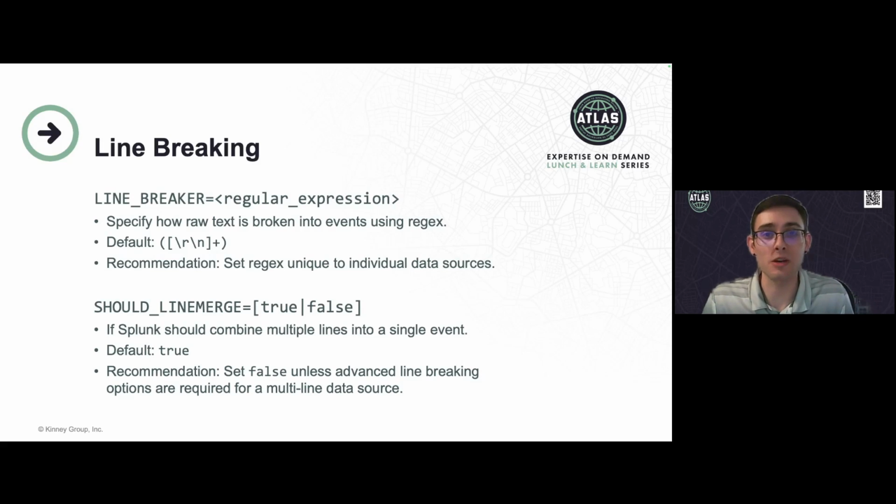As we go through these, I'm going to hit on some recommendations that we'll pivot back to and make sure we're thinking about as we're working with our individual data sources. And one thing I often see around the line breaker is that, because with a lot of system logging defaults are good, it's just excluded.